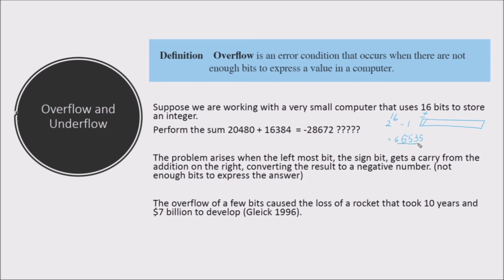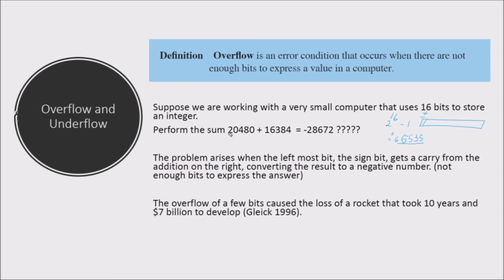This is a very small number, because this guy right here represents your sign bit. That means whether it is a plus or minus, 0 or 1. Depending on the 0 or 1, I know whether the number is negative or positive.